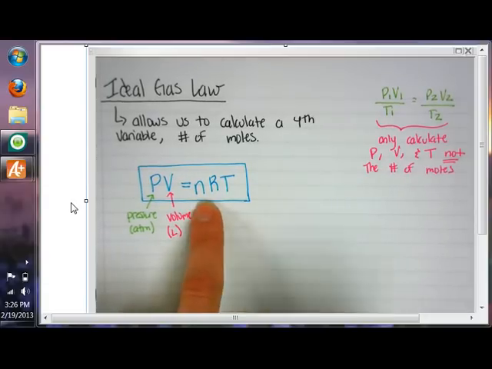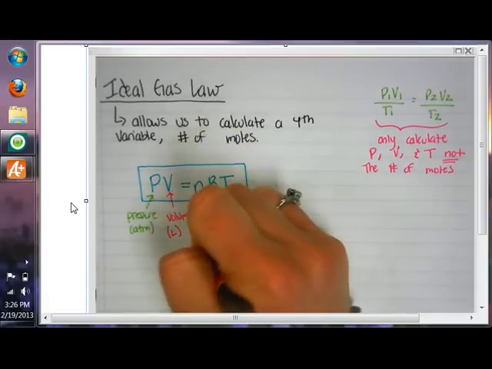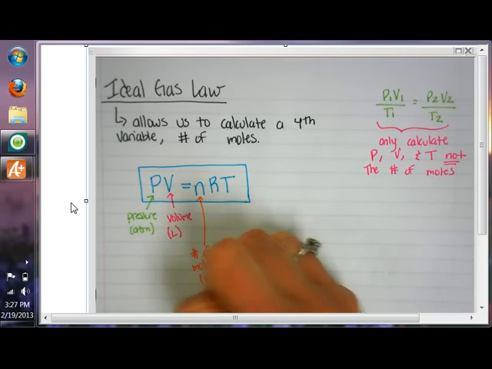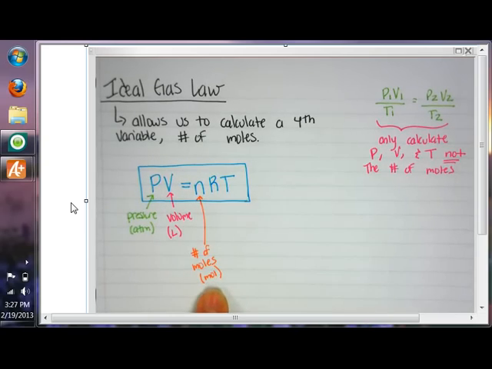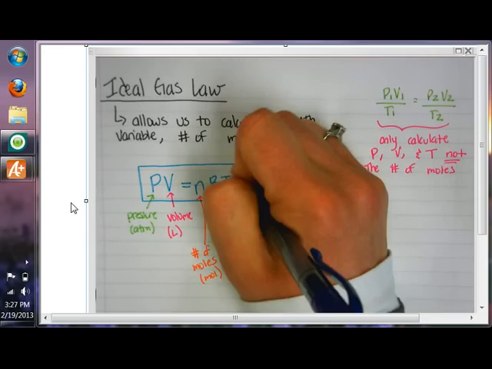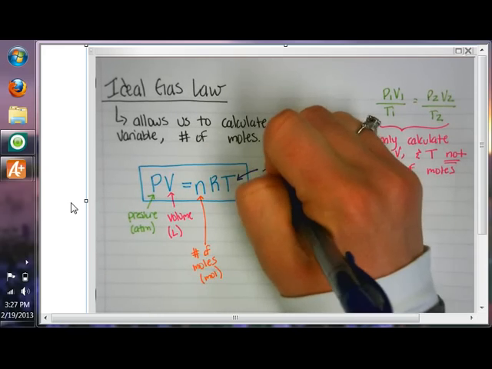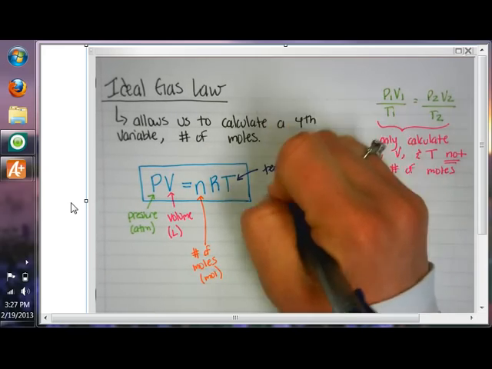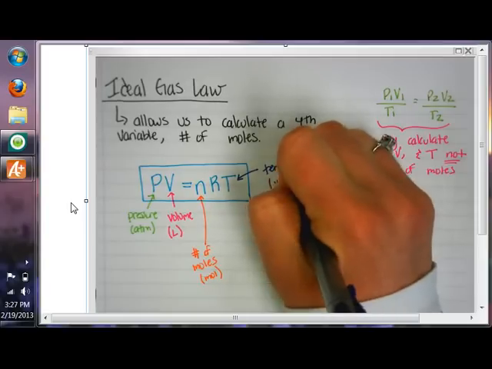We've got n, which is the number of moles, abbreviated MOL. We've got T, which stands for temperature, and temperature needs to be in Kelvin.